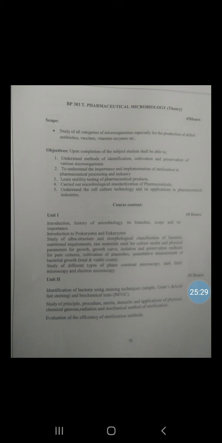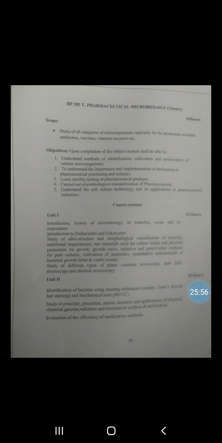Then thiomersal having concentration 0.01% weight by volume, then chlorhexidine acetate having concentration 0.01% weight by volume. These are the bactericides and their concentrations used for injections and eye drops.